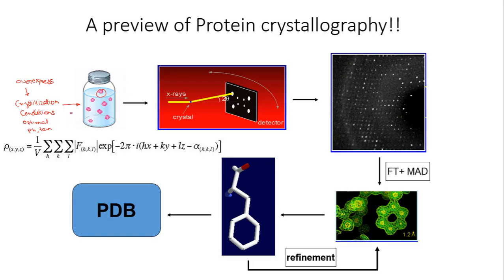So what exactly happens when your protein gets crystallized? We say, for example, this is your protein molecule, it would orient itself in a periodic fashion. It would arrange itself in some periodic fashion, and thus we say that we have obtained the crystal.